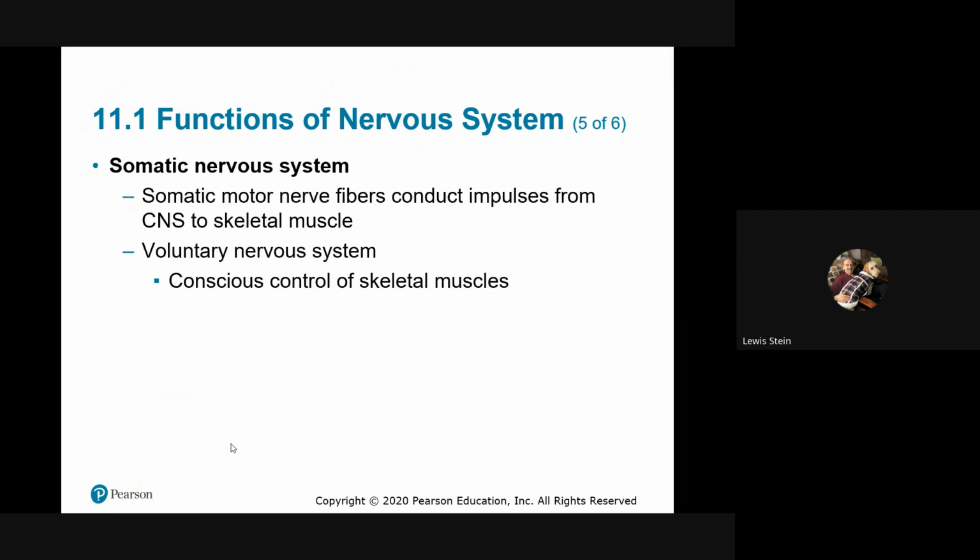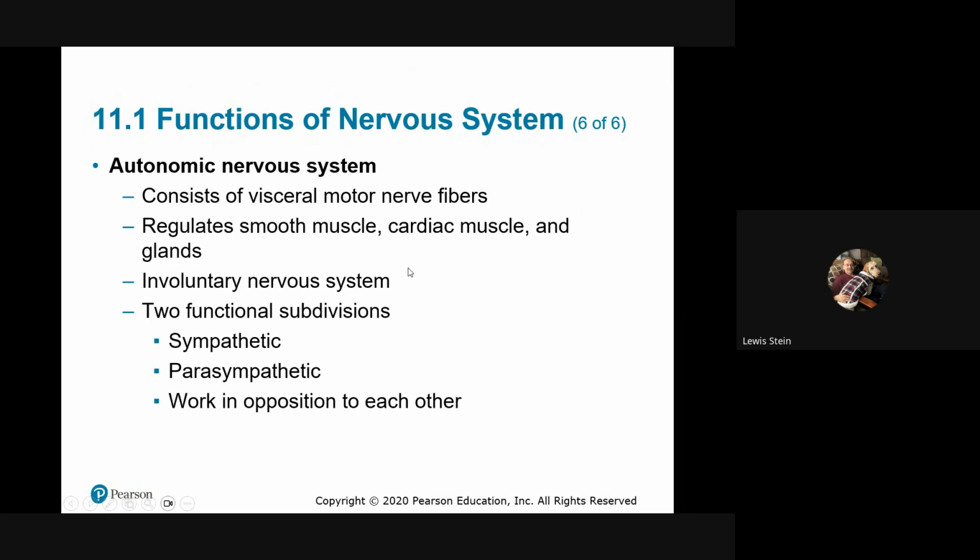I use autonomic because that's how it's traditionally represented. Somatic nerves conduct impulses from the central nervous system to skeletal muscle. They're voluntary in nature. But now the autonomic, we looked at smooth, cardiac, glands, really important.